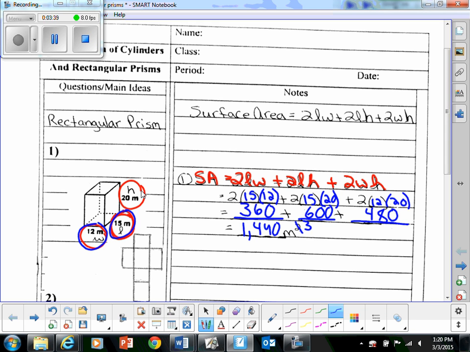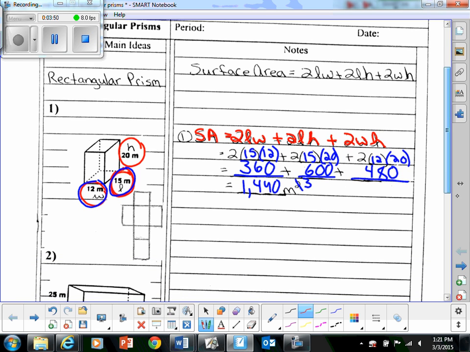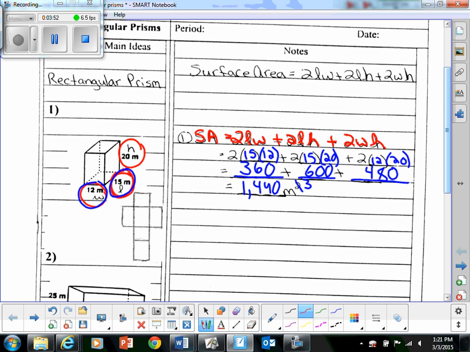Okay, now if you look to the left-hand side of your paper again, you'll see that I have drawn in a figure that you don't have on your paper, and this is called a net. Okay, and what a net is, I'm going to write that down, and you can stop the video at any point and copy the net and the notes about the net, or you can rewind it and listen to it again.